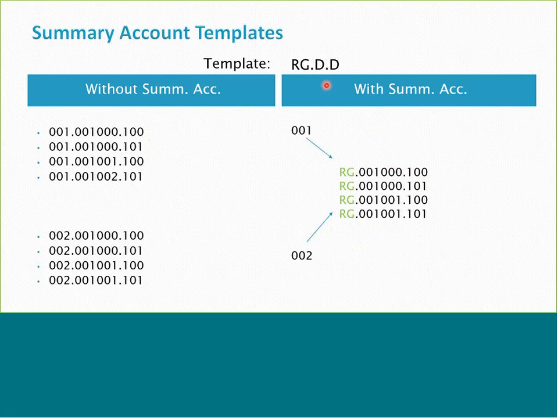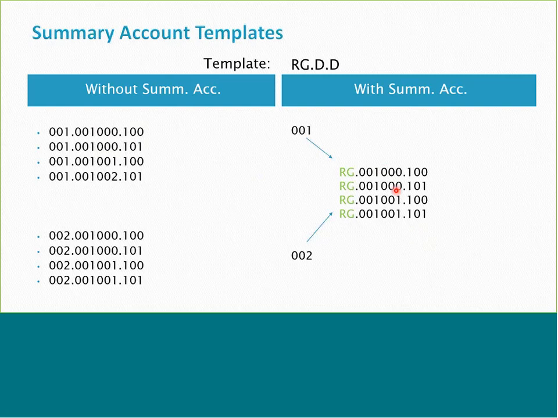In our case here, assuming that this is supposed to be 1001 instead of 1002, we expect 4 summary accounts created by the system, because we have 2 unique values in this segment and 2 unique values in this segment. So 2 by 2 is equal to 4, which is what we have on this end.